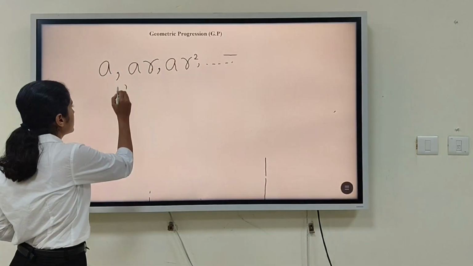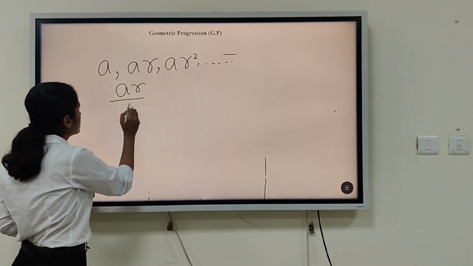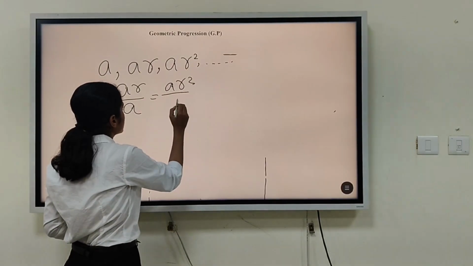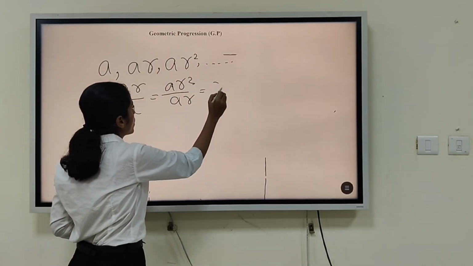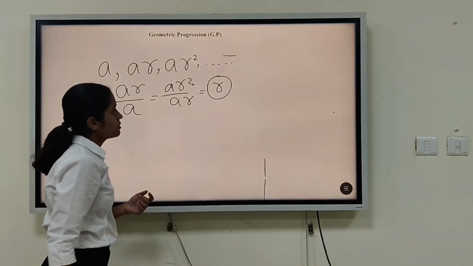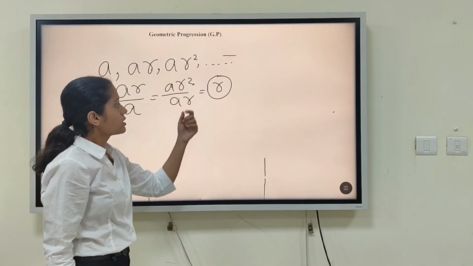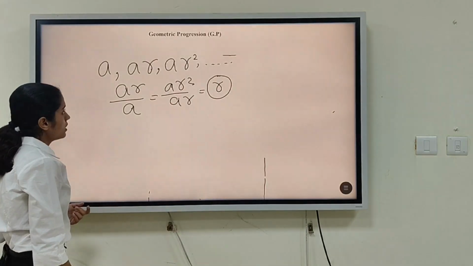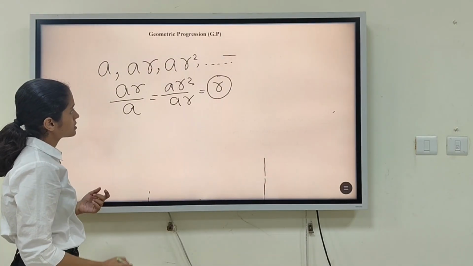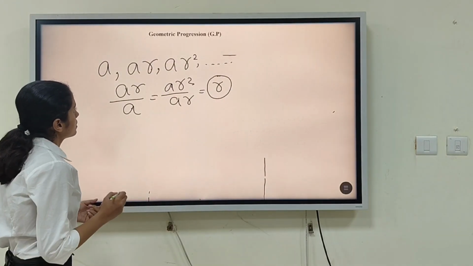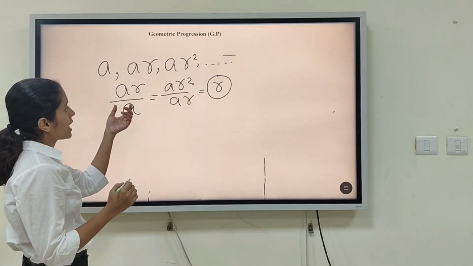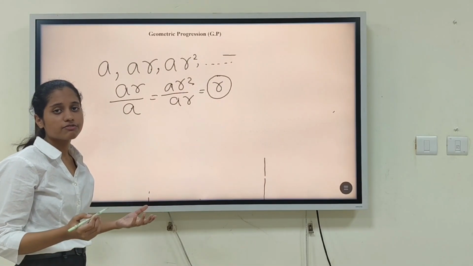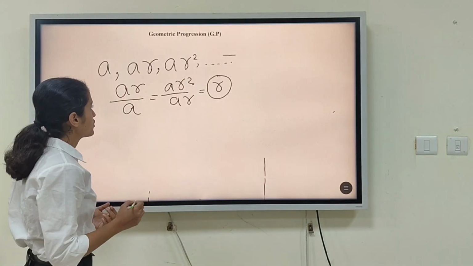Here we can see that the ratio of any term with its previous term is nothing but a constant value which we call the common ratio, and it is denoted by R. Now we will see, similar to AP, how we can find any general term in geometric progression, and how we can find the sum of terms in geometric progression.